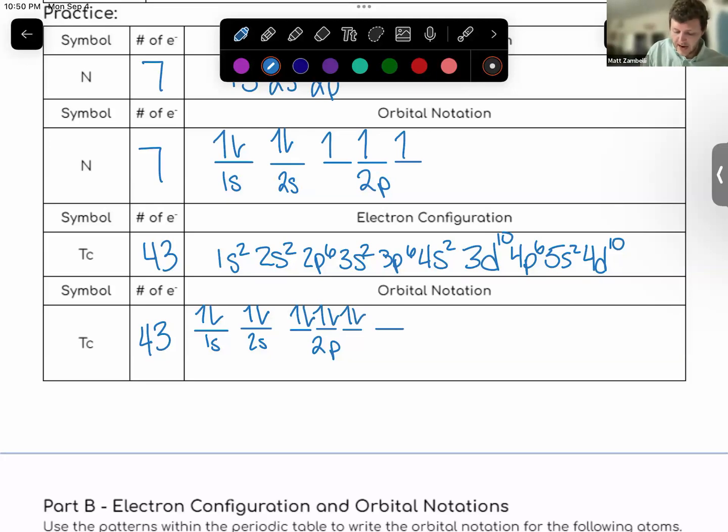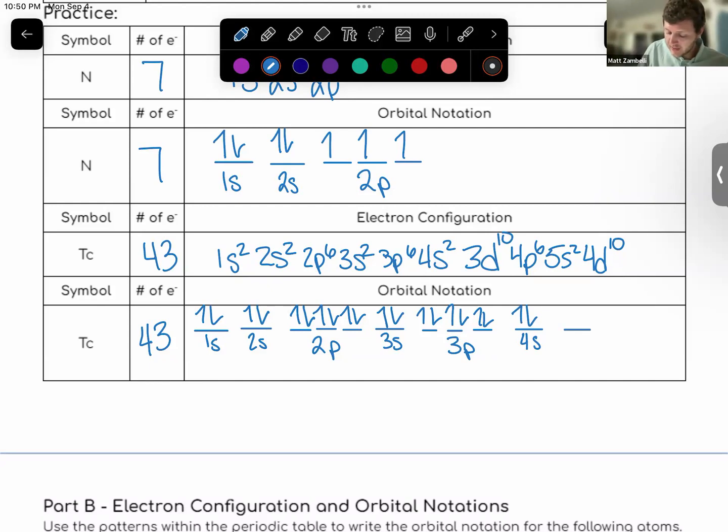And we go 3s2, 1, 2, 3p6, 1, 2, 3, 4, 5, 6. Then we go 4s2, 1, 2. And then we gotta go 3d10.